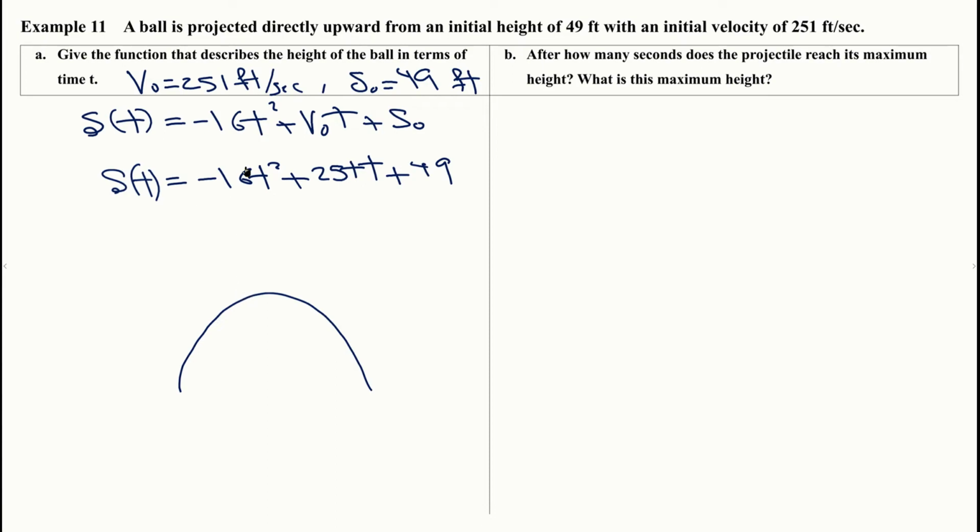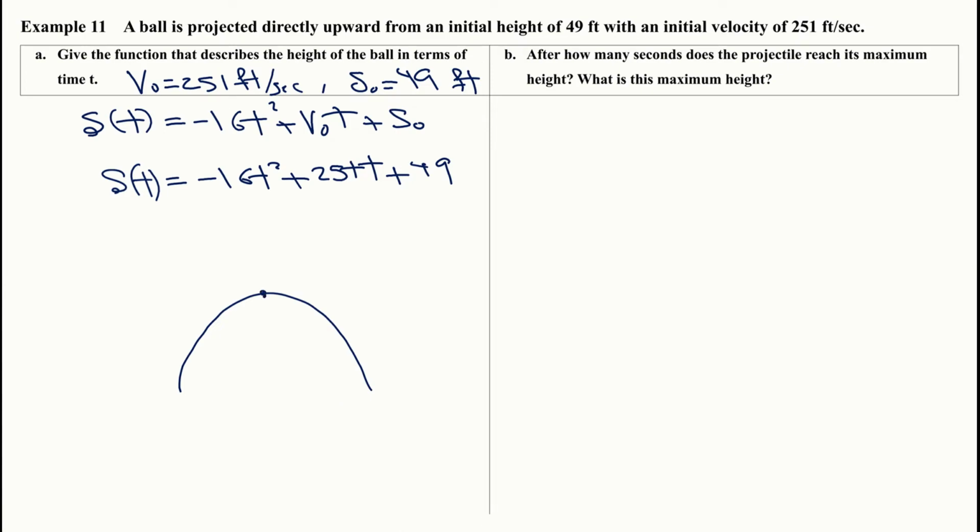It's because the absolute value of negative 16 is a very large number. It's going to be extremely narrow, right? But let's say that this is not drawn to scale, and for simplicity, I'm just drawing it like this. The whole point is that this is going to be an upside down parabola, right?